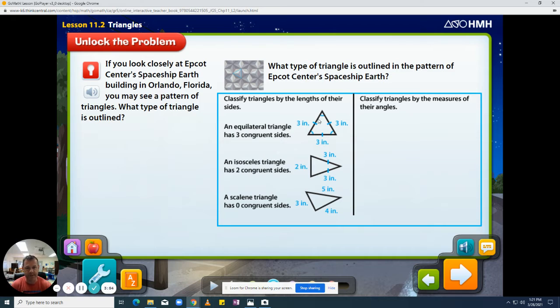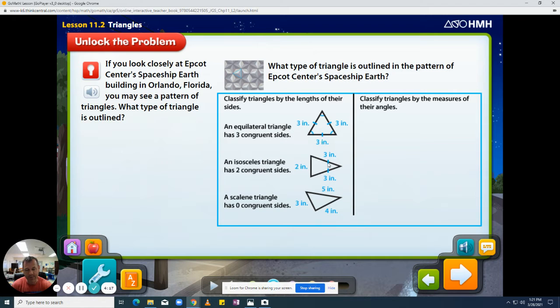So the sides, of course, are the sides here, and the angles will be the inside of the triangle. But if we're just talking about the outside and the sides, there's 3 different classifications. Now, these tally marks are important. You see how there's these lines here? There's one line, and one line. That means that it has 1, 2, 3 sides that are all the same.